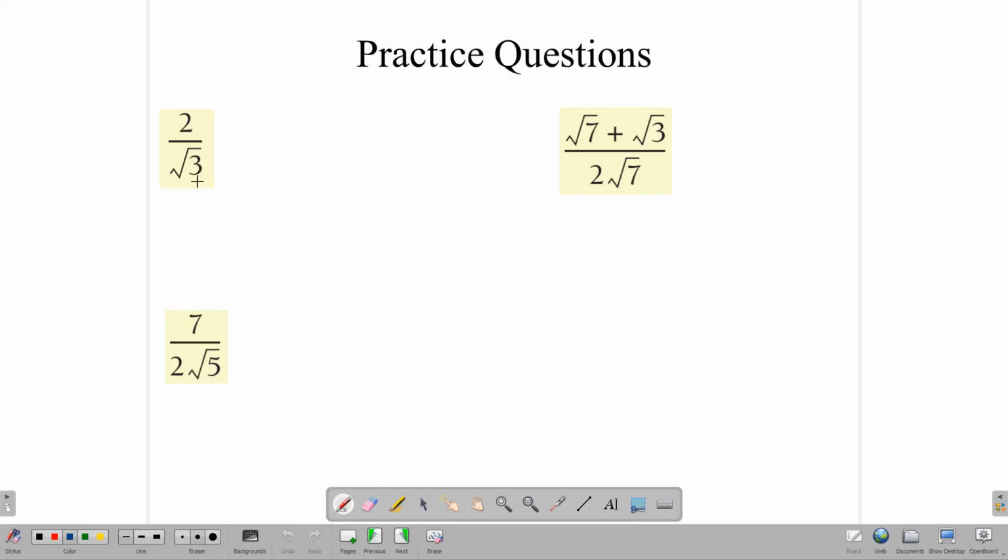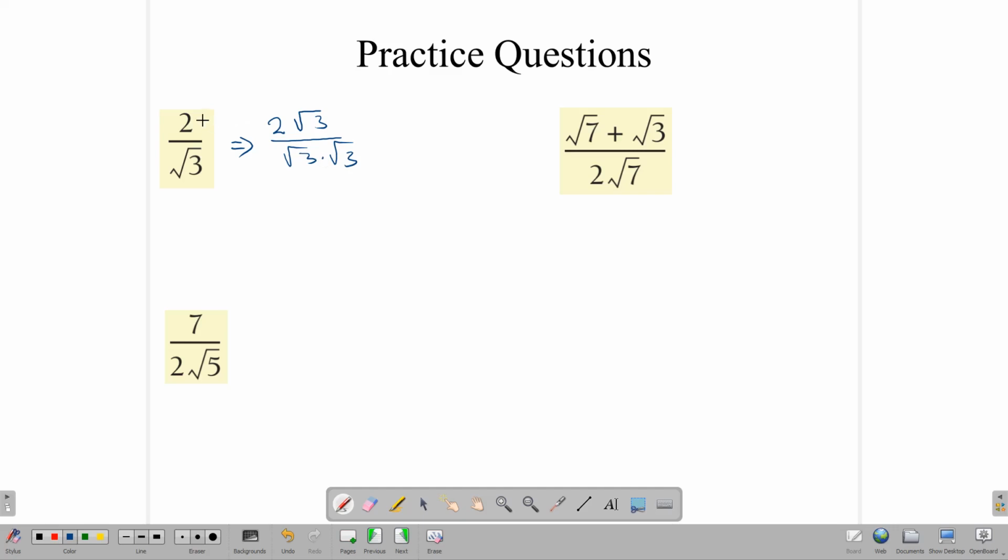So here we have a couple of questions to work on. So we have 2 over root 3. And we want to rationalize these, and what we want to do then is to multiply by the square root in the denominator. So 2 over root 3 is going to be equal to 2 times root 3 over root 3 times root 3.